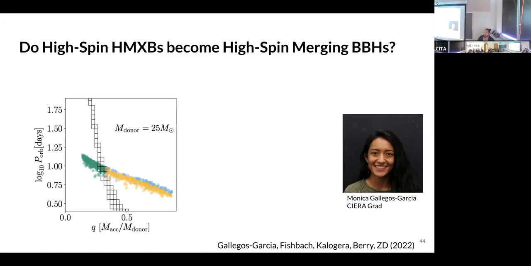Just one thing about that, Dick. So the spin for high mass X-ray binaries, it's really hard to get that from accretion onto the black hole because the systems don't live as long. And so there's not enough time to get enough accretion to actually spin up that black hole. So we think that those black holes are born with those spins.